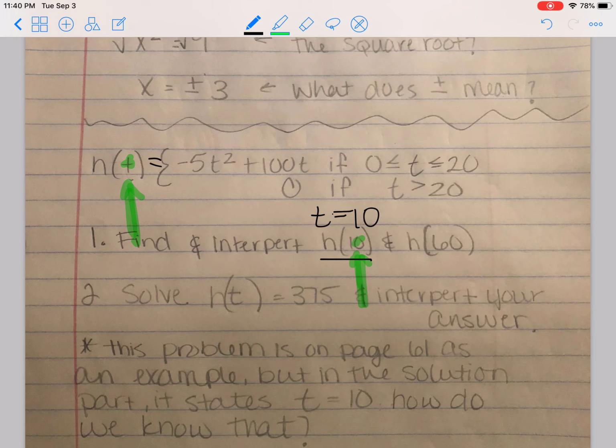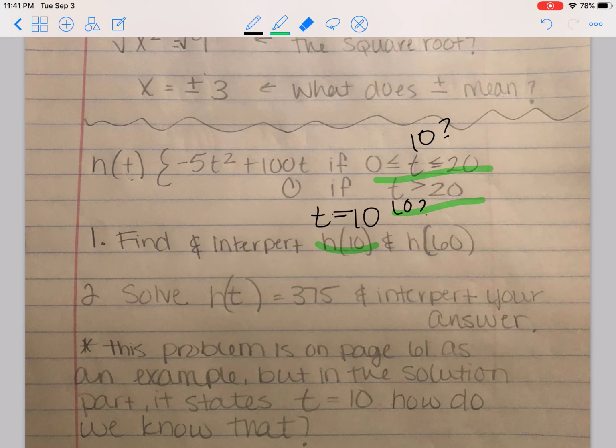So in this case, t equals 10, and you go to town trying to compute what happens at h of 10. The other thing that's happening here is that when you're looking at t equals 10, you have to see which of these two domains 10 falls into. Is the value 10 in here, or is the value 10 over here?